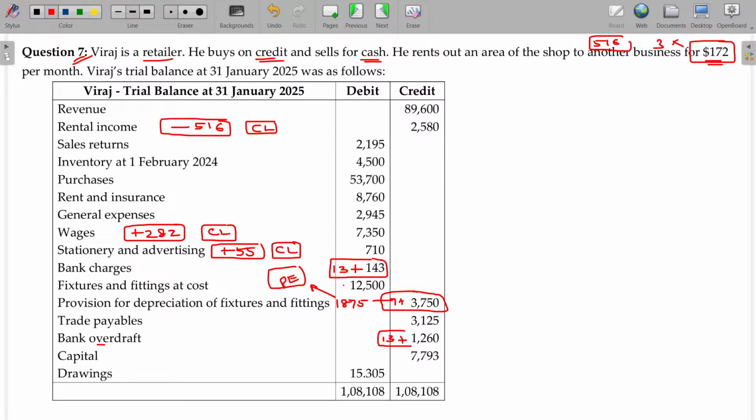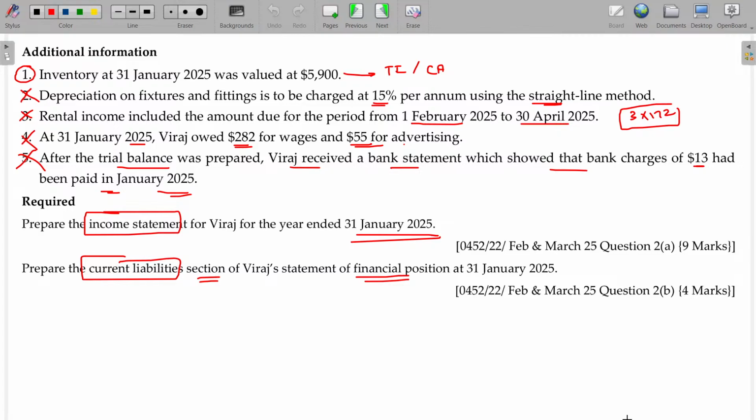You had 1260 negative in your bank account. On seeing the statement, you noticed another 13 rupees also deducted. So the overdraft is not 1260, it's 1273. And you add the 13 to the existing bank charges of 143: 143 plus 13. So we have incorporated all these things.